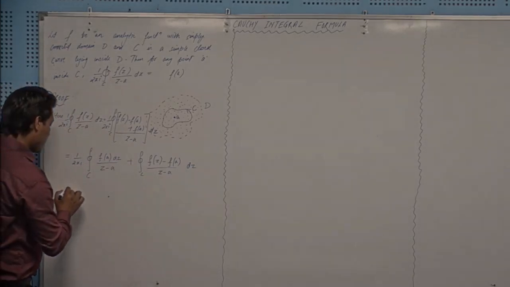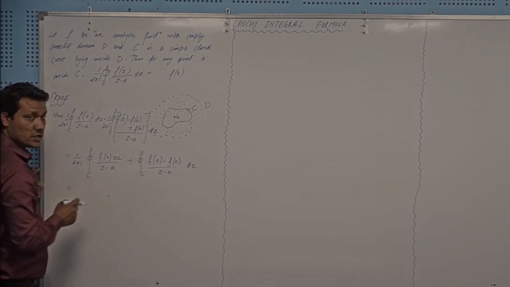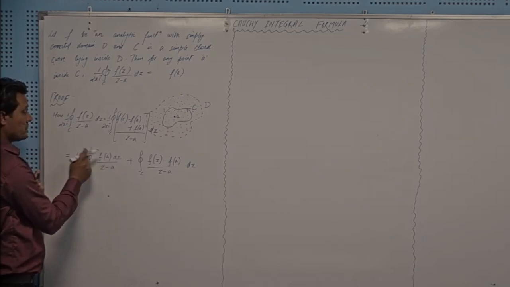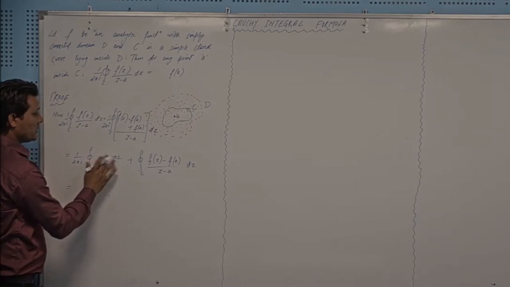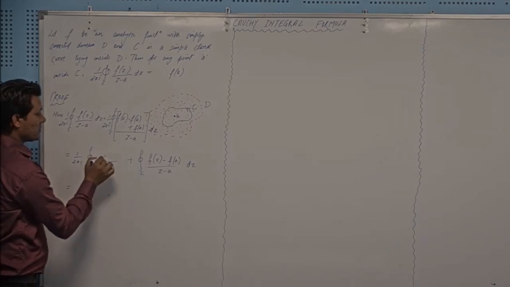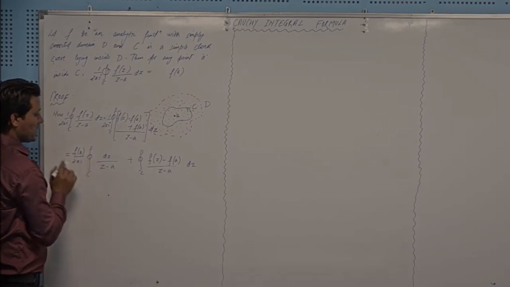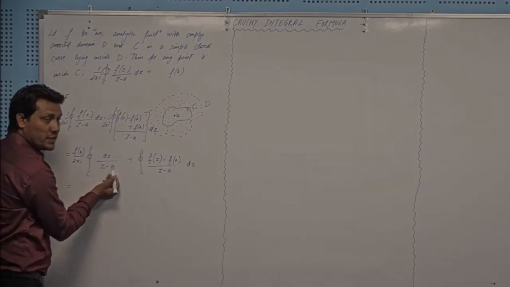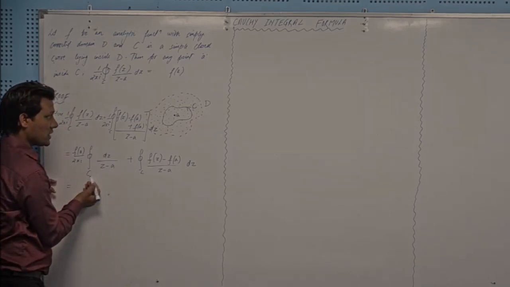And you can see that this integral is expressed as a sum of two integrals. And f(a) is a constant, so it should be written outside, then we will have dz over z minus a. And if you focus on this, z equal to a is a singularity which lies within C. You can see from here.